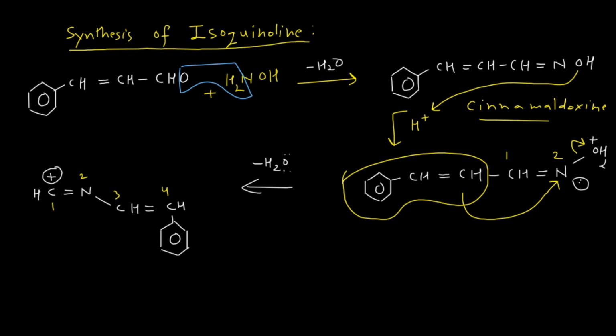Now what you will do, you will add water. So this will attack on this carbon number 1. And when this attacks carbon number 1, you will have this species: CH, oxygen, hydrogen and hydrogen, positive charge on the oxygen, right?